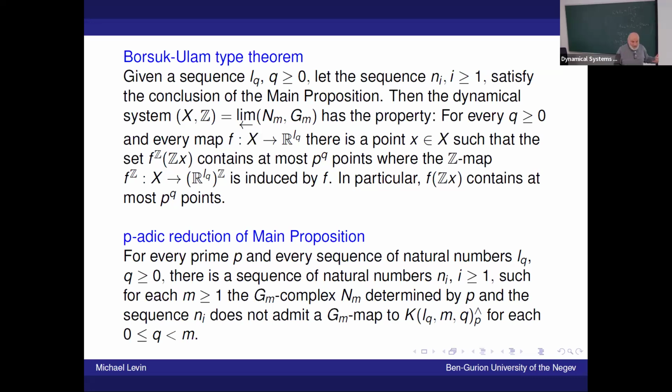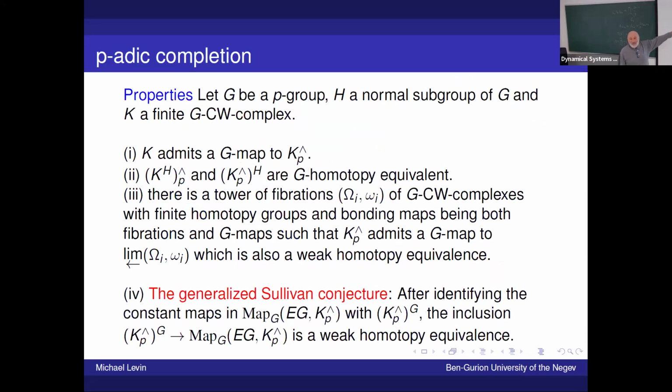Because otherwise, if there is a map without the completion, we combine that map with the G-map to the K-theory completion and get a contradiction with this result. So this result indeed implies the main proposition, by this property that K admits the G-map.